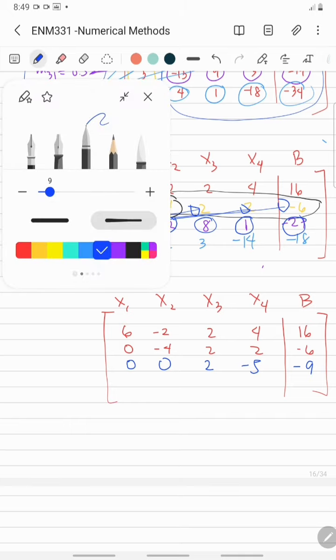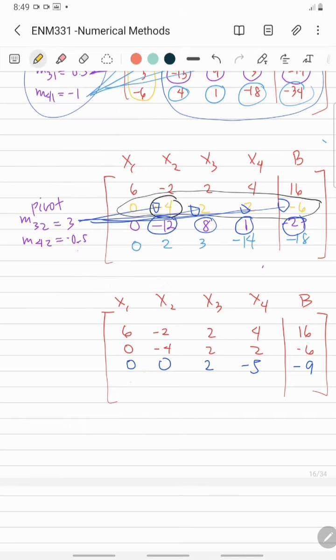Okay, for the fourth row, we also have here 0. Okay, we have 2 minus 0.5 times negative 4.